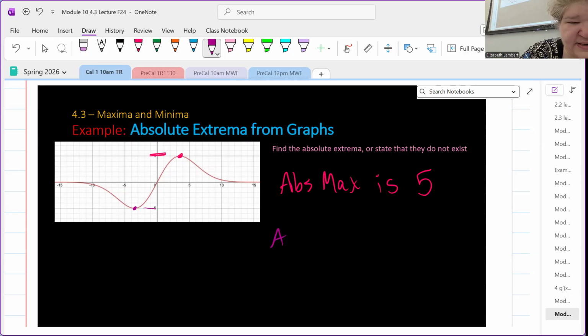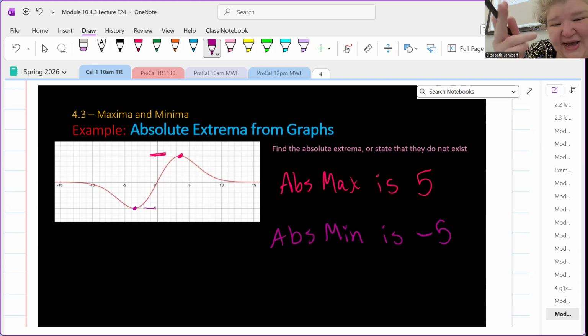And then our absolute min is -5. Now, picking out the x value they occur at, it's somewhere between 3 and 4, somewhere between -3 and -4. But a lot of the homework questions don't always ask for the x value, they'll just ask for the y values. If they do ask for the x value, then it should be on an integer. So what questions do y'all have so far about pulling this off of the graph?